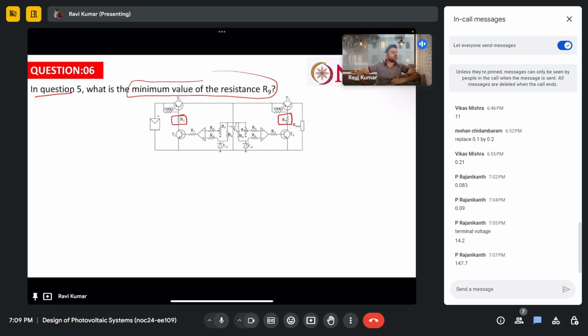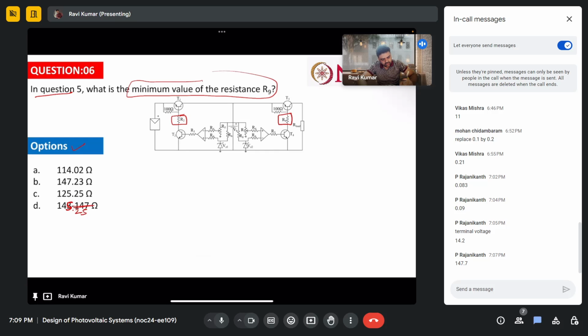Now just write the equation for, okay, these are the options. For this particular condition, the answer is 145 ohm, 145.25.